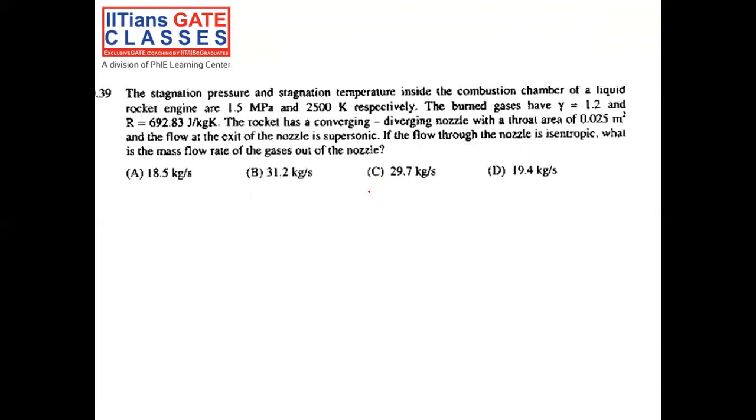The rocket has a converging diverging nozzle with the given throat area, and the flow at the exit of the nozzle is supersonic. So if the flow through the nozzle is isentropic, what is the mass flow rate of the gases out of the nozzle? Okay, so if we draw a schematic of a convergent divergent nozzle, this is the chamber.